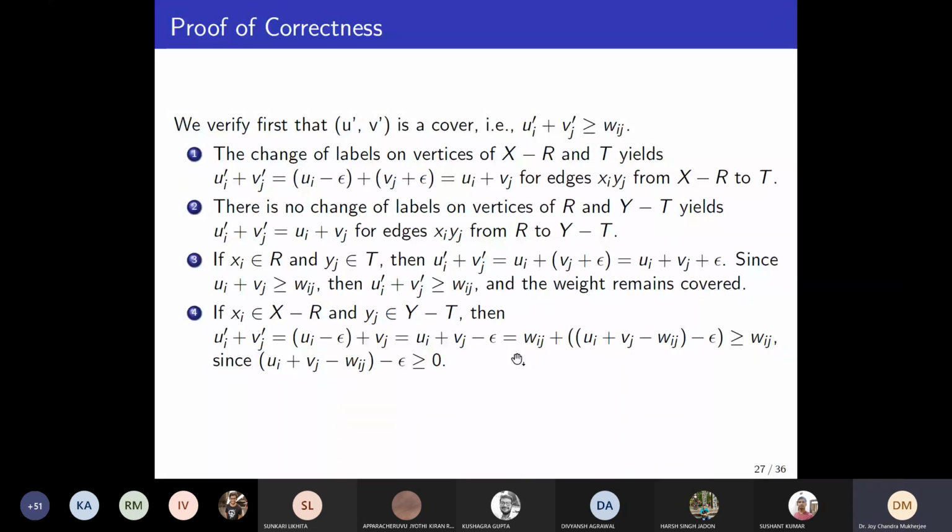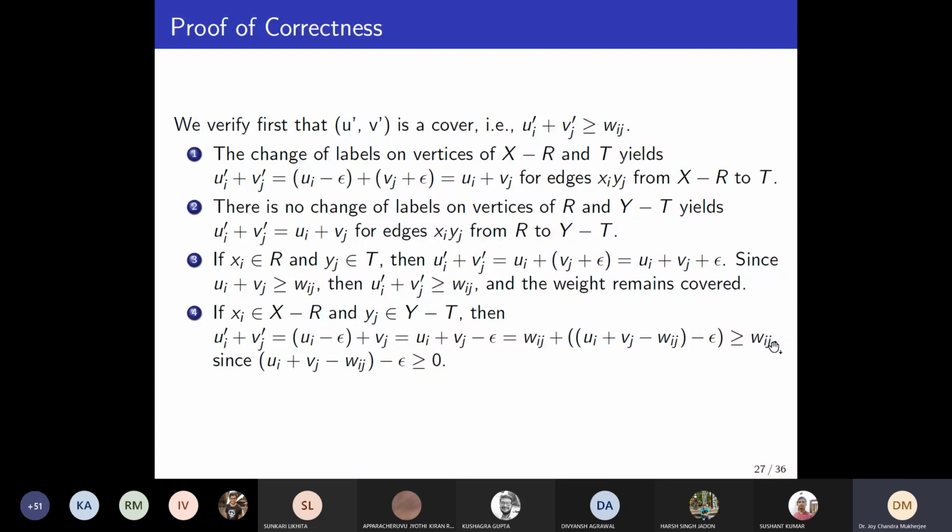Now what I do, I add wij and subtract wij to both, so it remains the same. So wij is being added here and wij is subtracted here. So it remains wij plus ui plus vj minus wij minus epsilon. I can write it like this, and I claim that this value ui prime plus vj prime is still greater than or equal to wij.